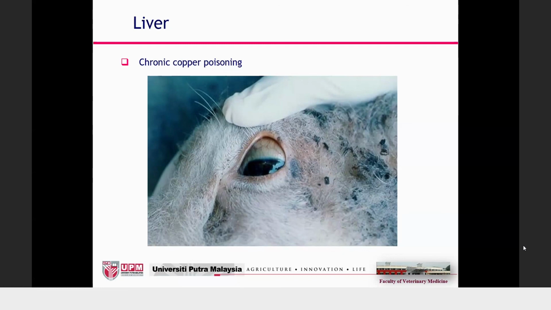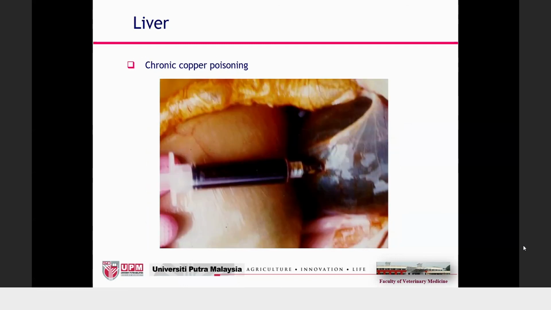So all this material is research material, in addition to some postmortem cases that we received at the postmortem room, also working on copper toxicity. But now I'm working more on avian rather than ruminants. And this is what I called just now hemoglobinuric urine.